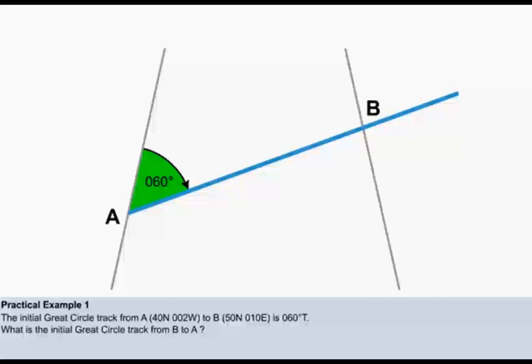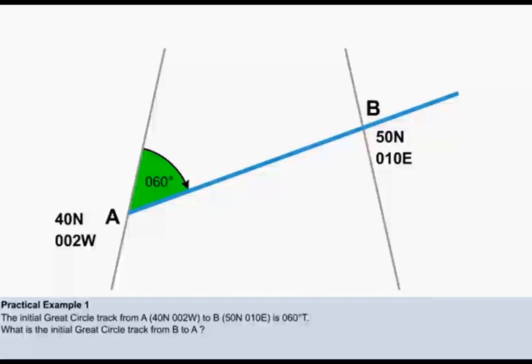Check it out by reference to the latitude and longitude. If we've got it right, with an initial track of 060, B should be north of A. It is. It's 50 north, where A is 40 north, and B should be east of A. It is.